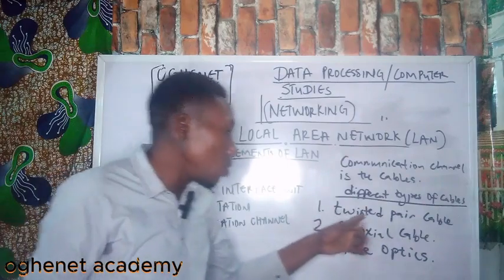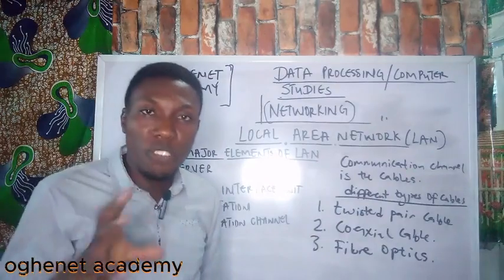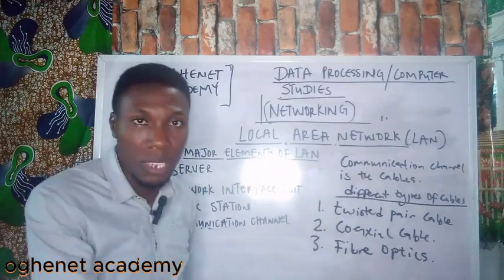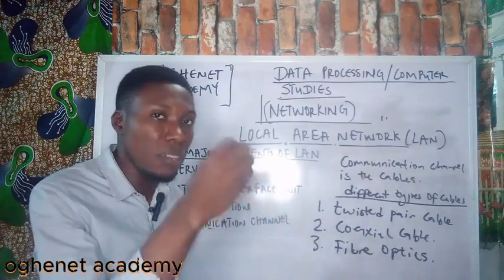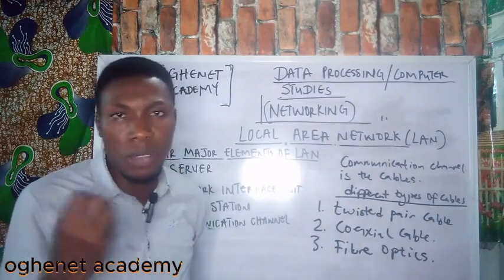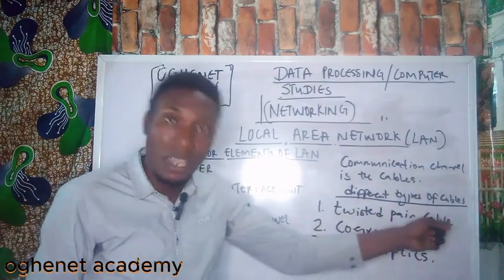Now, one of the major limitations of the twisted pair cable is that it cannot transfer a lot of those packets at the same time. So it becomes a very big, huge limitation. If you want to transmit a huge amount of data, it becomes difficult using twisted pair cable.